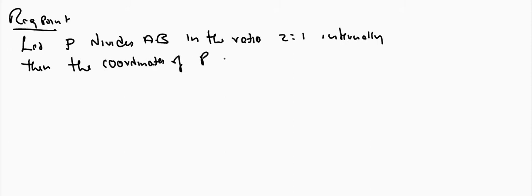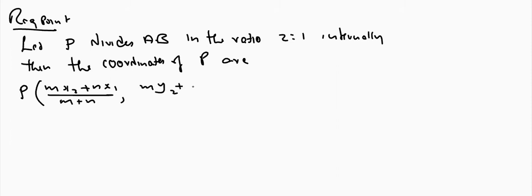of capital P are given by (mx2 + nx1)/(m + n), (my2 + ny1)/(m + n). If it is external, then we use the formula (mx2 - nx1)/(m - n), and similarly (mz2 + nz1)/(m + n) for the z coordinate.